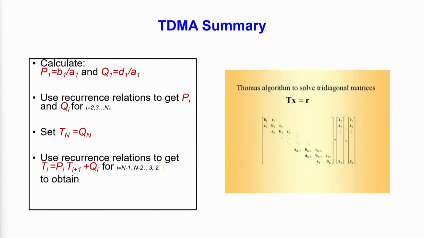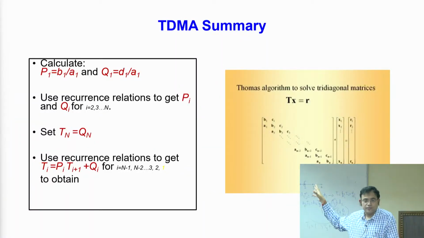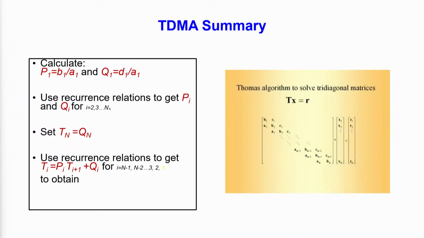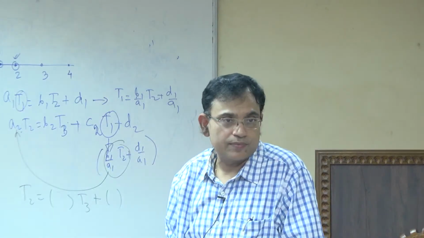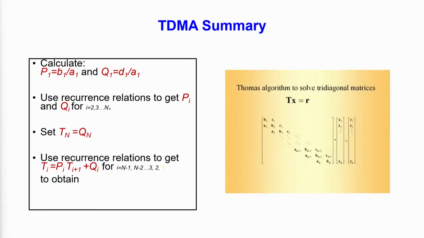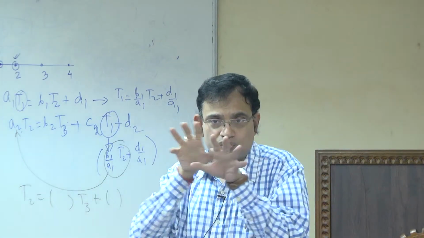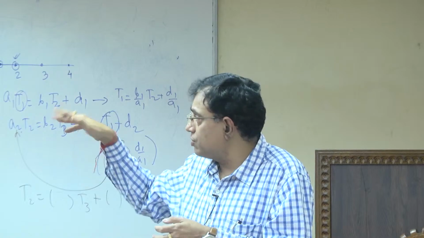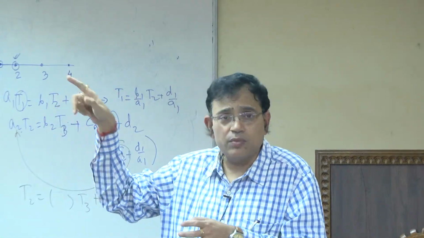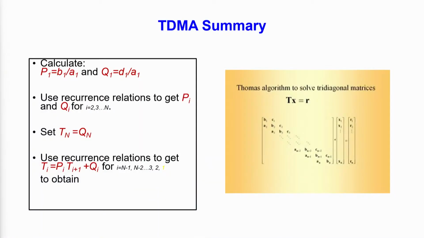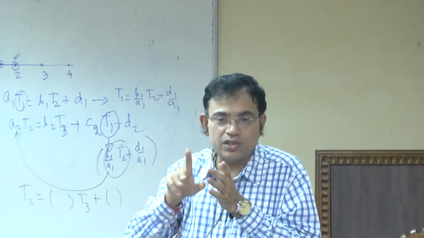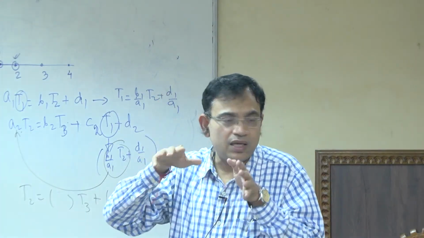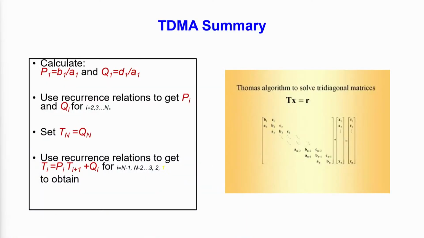Because your coefficient matrix has many zeros with only these 3 diagonals present, this is called a tridiagonal matrix, and a matrix requires a 2-dimensional space in the memory, i comma j. But because you have these 3 diagonals, the algorithm is like creating a pseudo 1-dimensional way, so that with one index i you are able to store and compute with this. That is what the computation is doing.